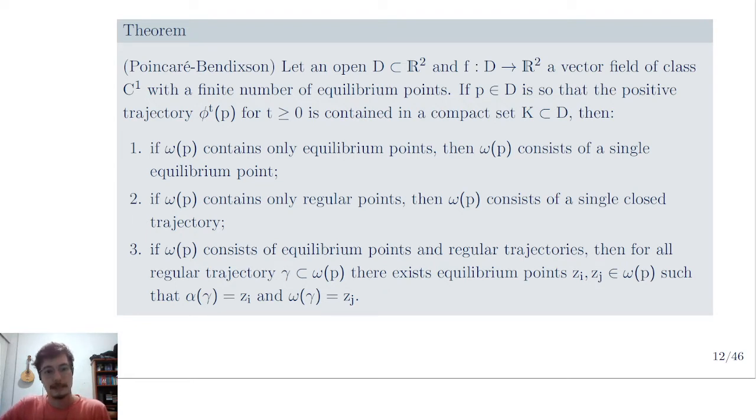If the omega limit set contains only regular points, then it consists of a single closed trajectory, and if the omega limit set consists of equilibrium points and regular trajectories, then all trajectories tend to equilibrium points as time tends to infinity and to minus infinity.